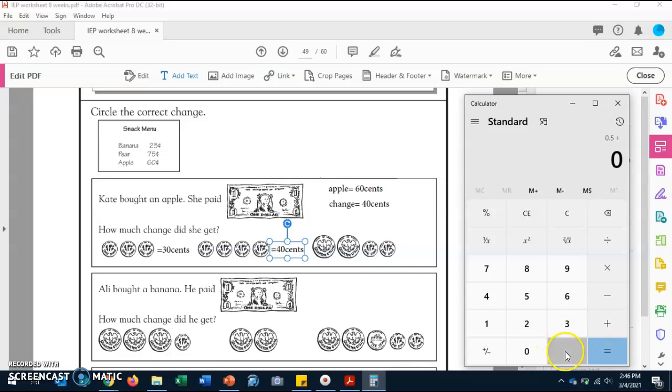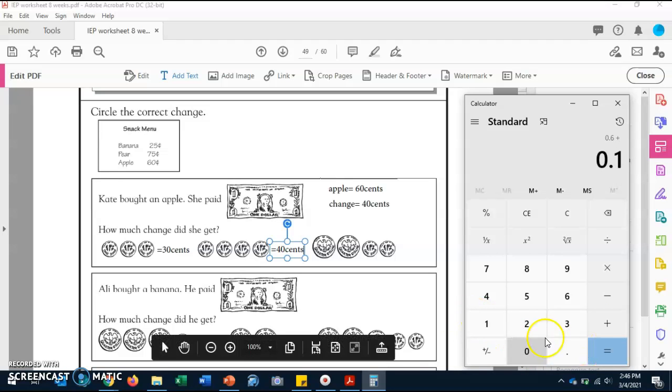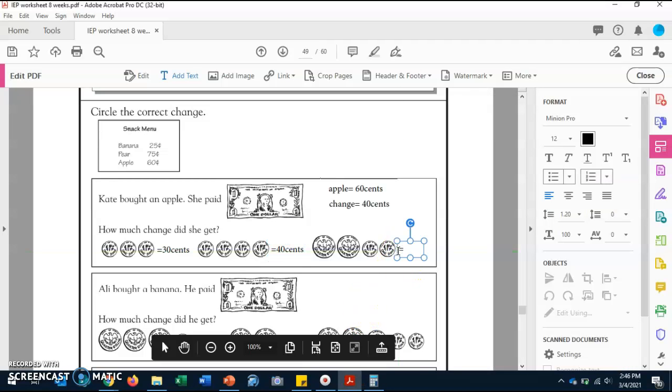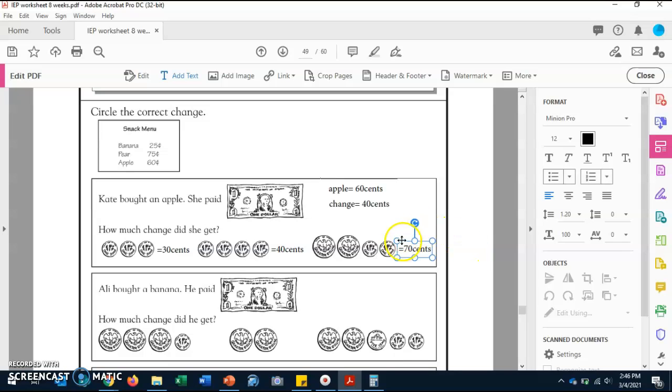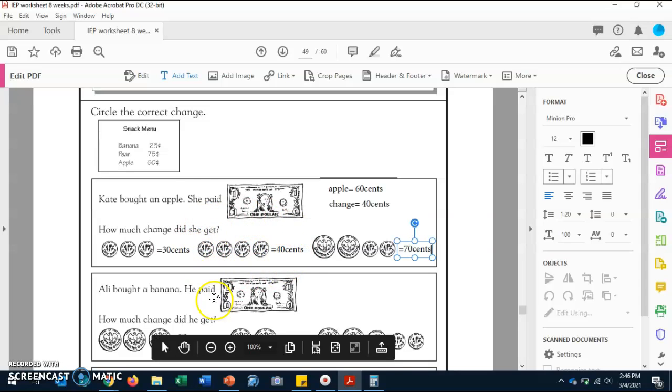We know that dimes are worth 10 cents, plus another 0.10, because it is another dime. 0.7 is 70 cents. Is this the same as over here? No, it is not. So you are correct. This is our answer. The middle one, 40 cents, is our change. Good job, Matthew.